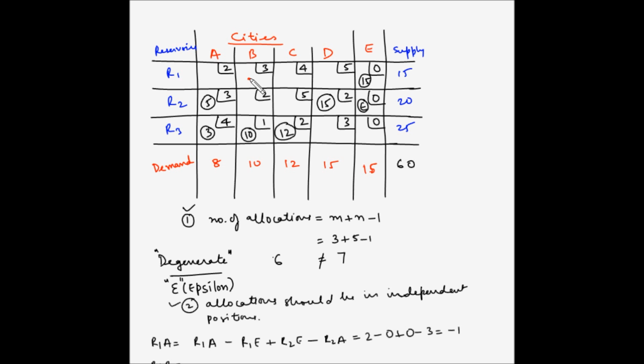So starting here, we come down, then we go to the left to R3A, then to R2A, then from here to R2E, then from here to R1E, and then from R1E back to R1B.